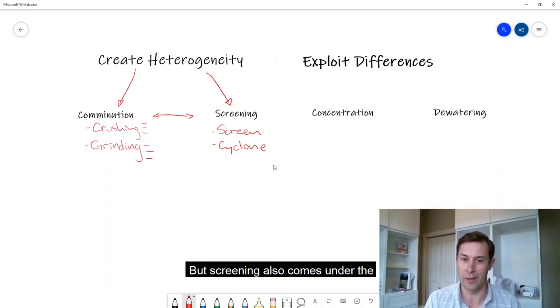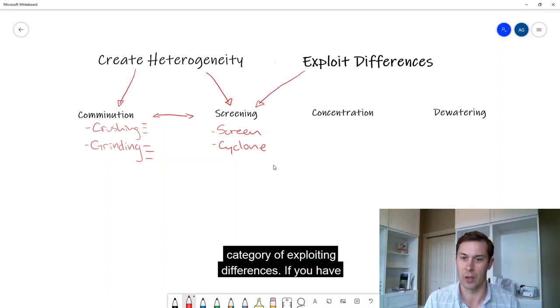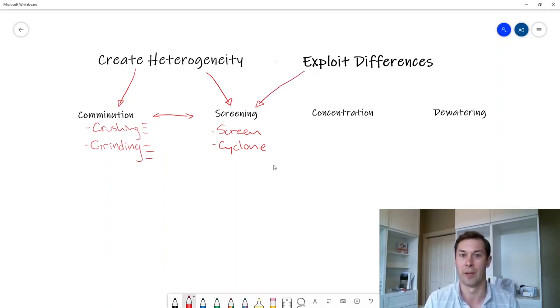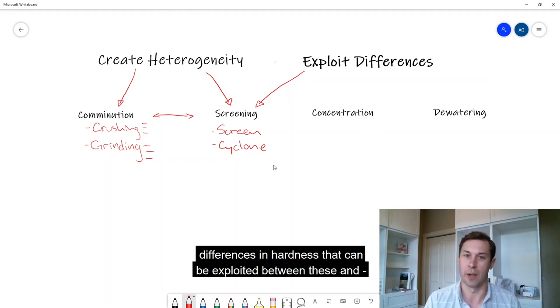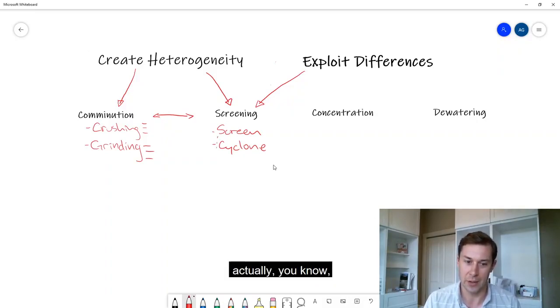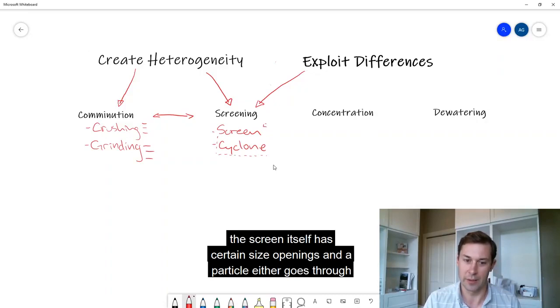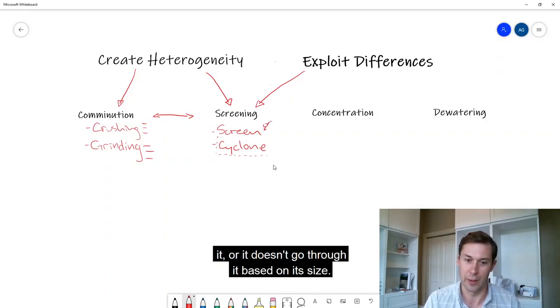But screening also comes under the category of exploiting differences. If you have differences in breakage, differences in hardness, that can be exploited between these. And actually, the screen itself has certain size openings and a particle either goes through it or it doesn't go through it based on its size.